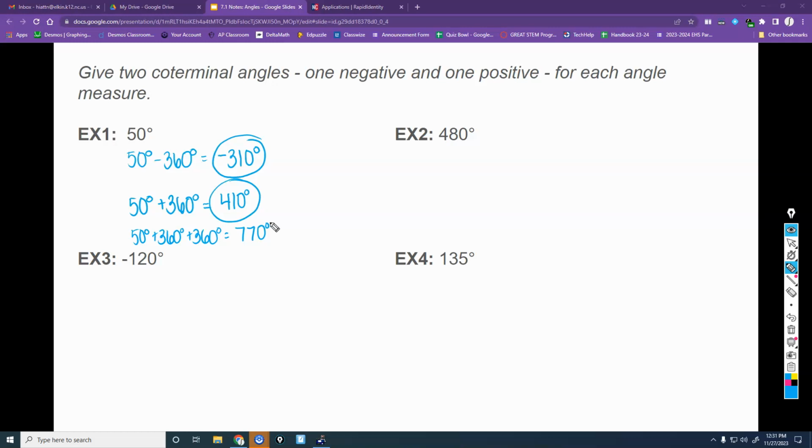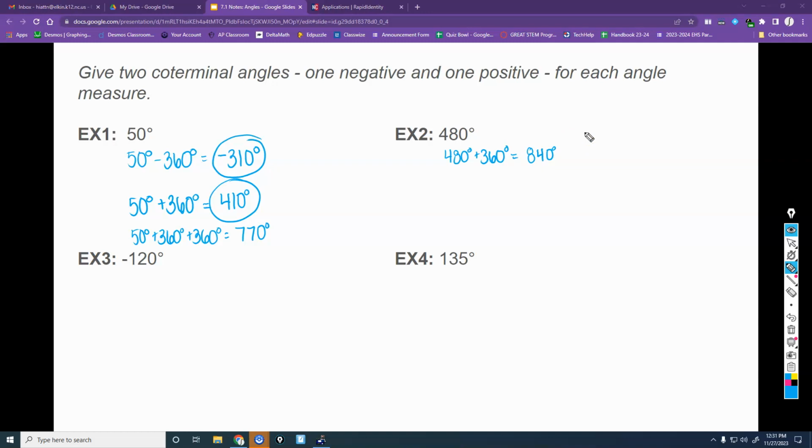Now, for example 2, it's asking for a positive and a negative coterminal angle. So if you wanted, you could do 480 plus 360, and that would give you 840. That is a coterminal angle.